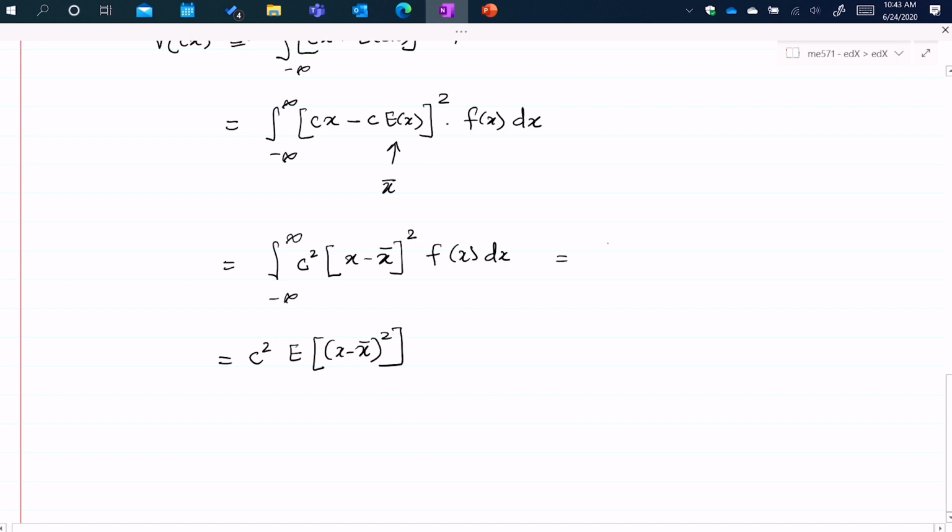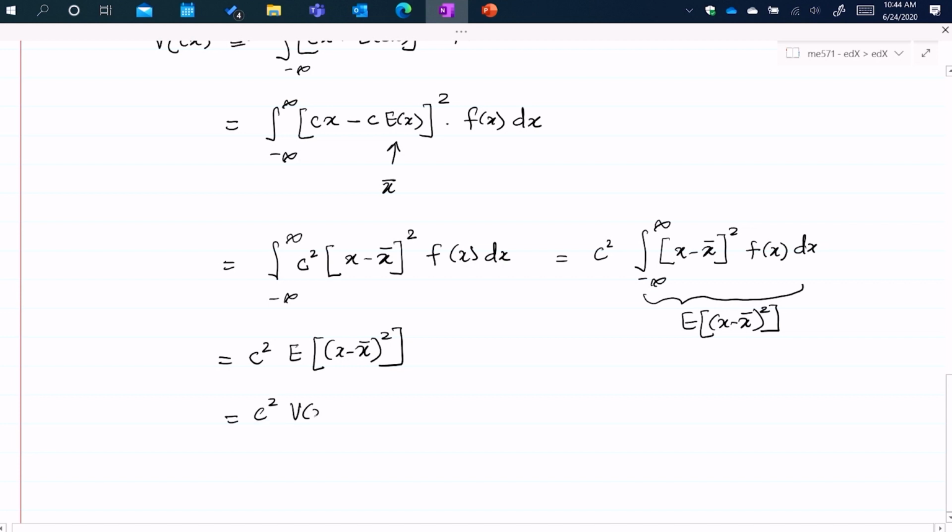One intermediate step that might be helpful is I can write this as c squared times the integral from minus infinity to plus infinity of (x minus x bar) whole squared f of x dx, and I recognize this to be expected value of (x minus x bar) whole squared. Remember, expected value of any quantity is quantity times PDF dx. And this, in turn, I recognize to be c squared times variance of x.